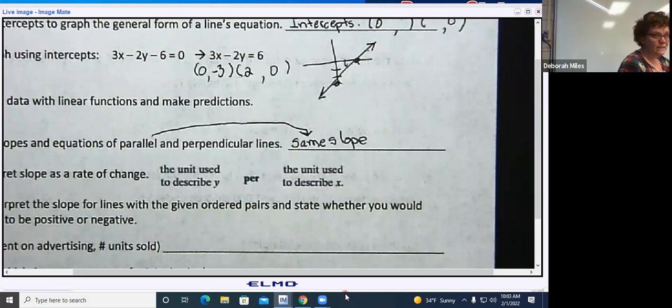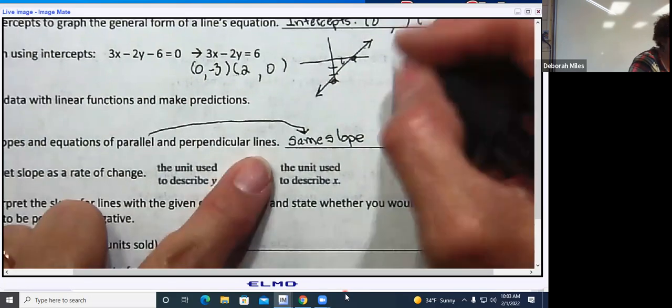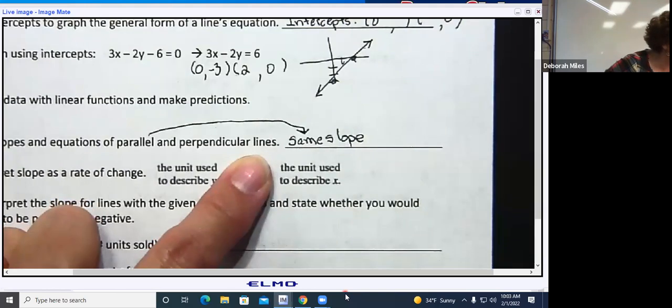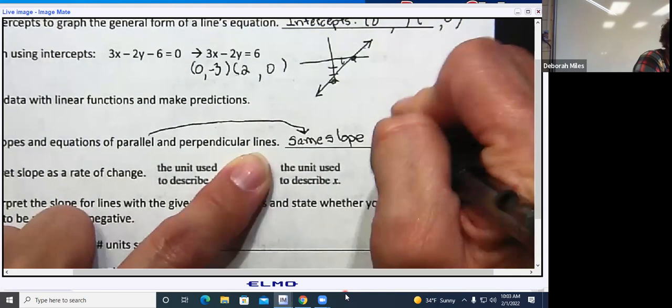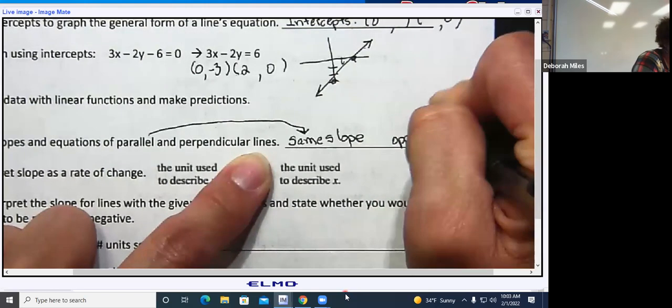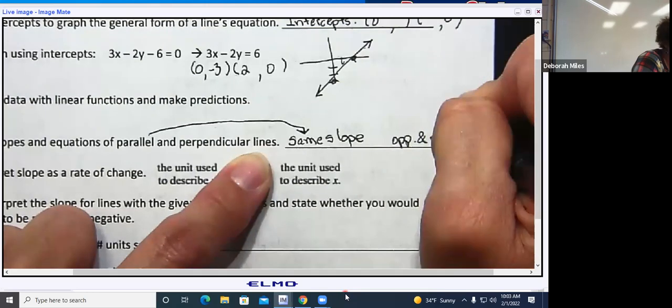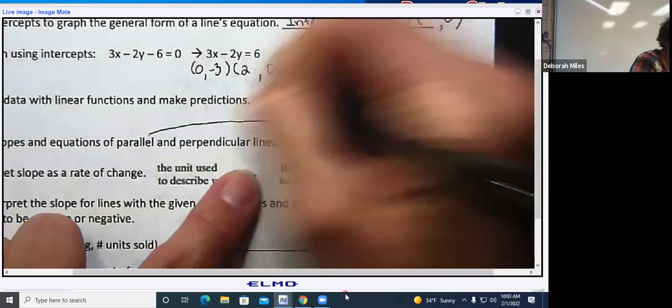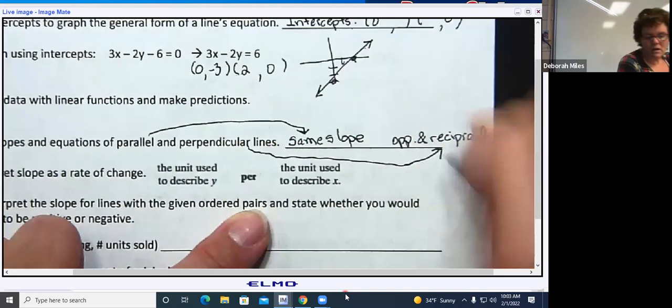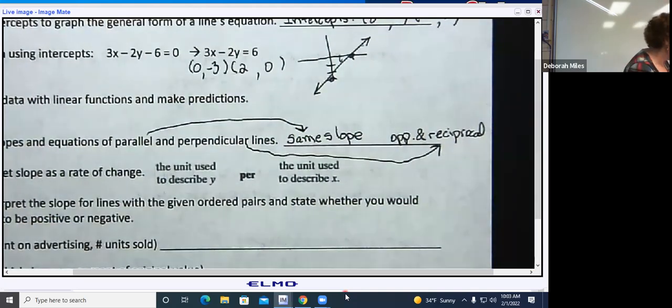You took the opposite sign and you took the reciprocal. So my daughter, when she had algebra, used to call it opreciprocal, and I thought that was a pretty cool word. But I'm just going to say opposite and reciprocal. And that's the slope of 2 lines that are perpendicular.